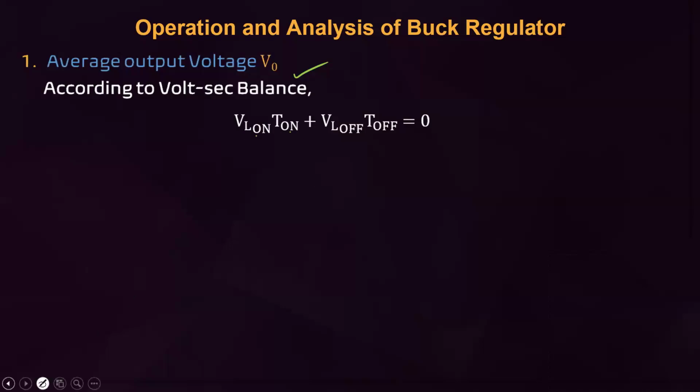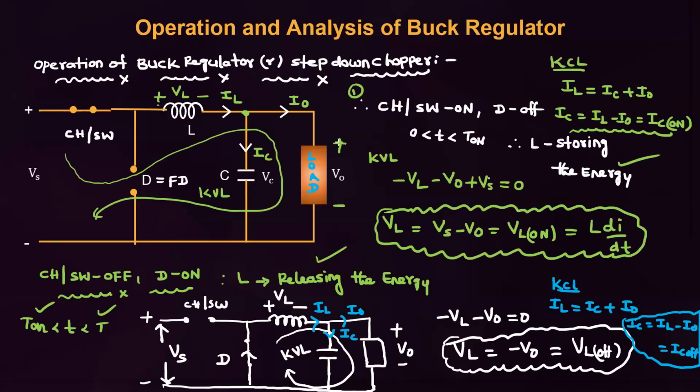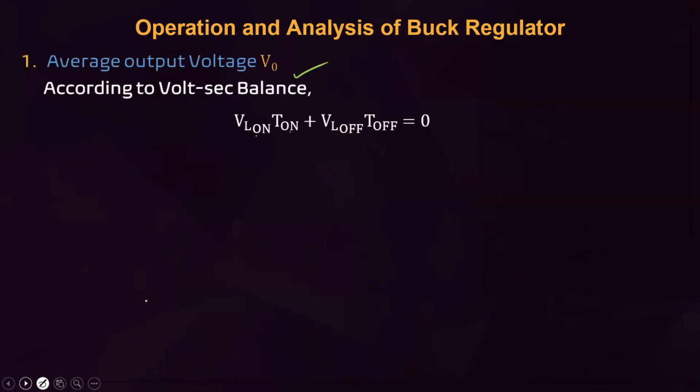What is VL on? Already calculated by KVL: VL on equals Vs minus V0. VL off equals minus V0. Substitute that: Vs minus V0 into T on, plus minus V0 into T off, equals 0.